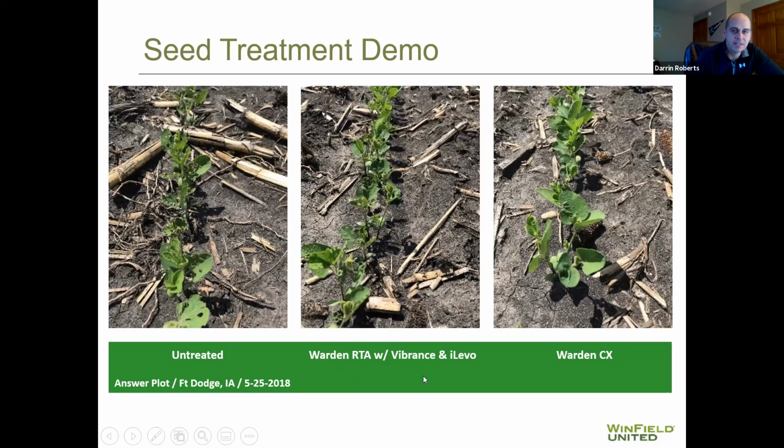So it has the same fungicide as this middle treatment, but it also has the Cruiser or the thiamethoxam insecticide in there with it. And so it really was to the row. The feeding stopped on the Warden CX treatment. Those plants were getting off to a better start and didn't really have any feeding from the bean leaf beetles.